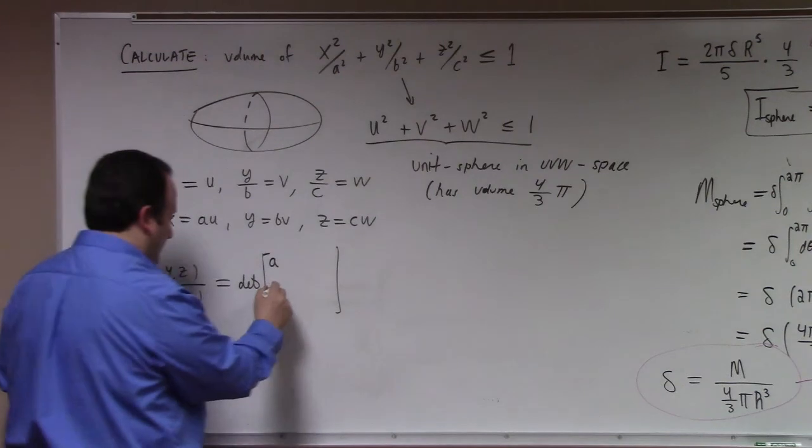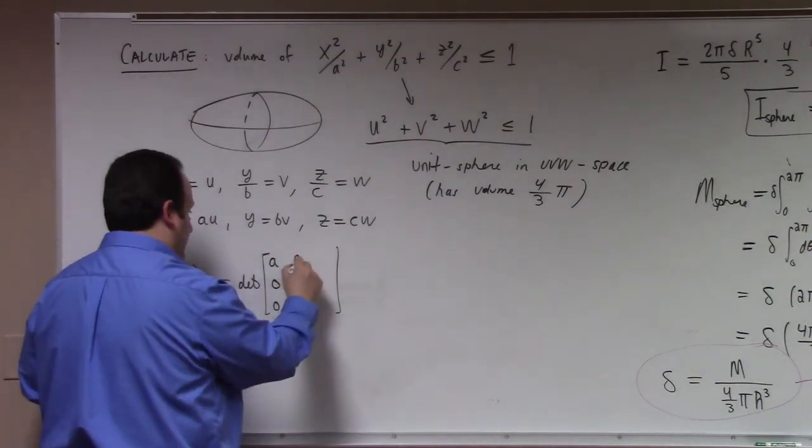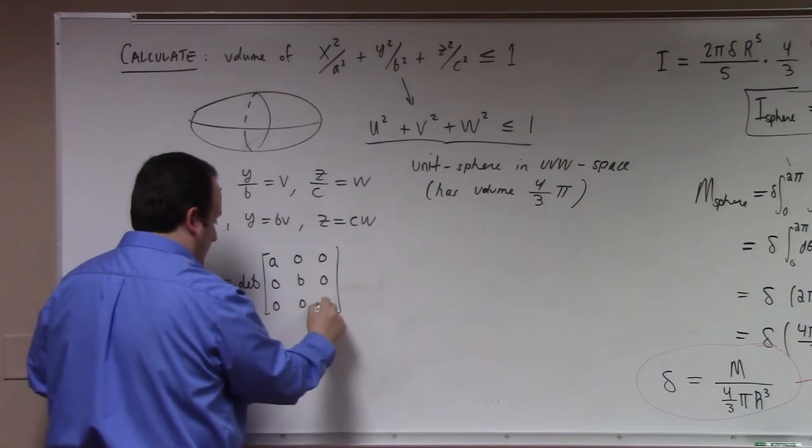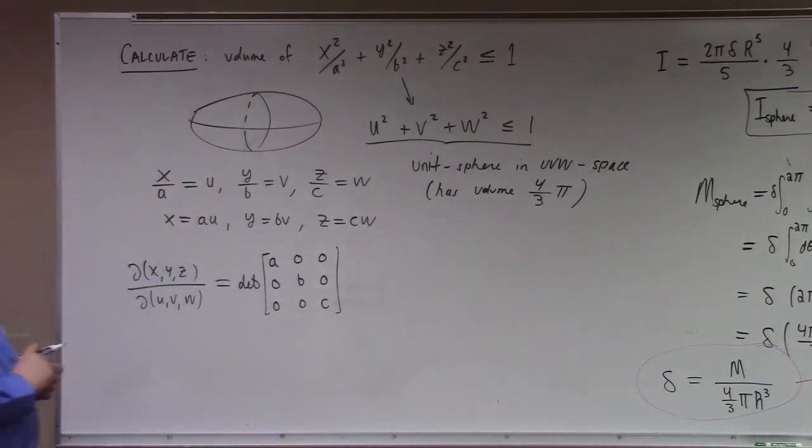Yeah. So you quickly work out that this is the matrix for the Jacobian determinant. So the Jacobian in this case is just abc, right?